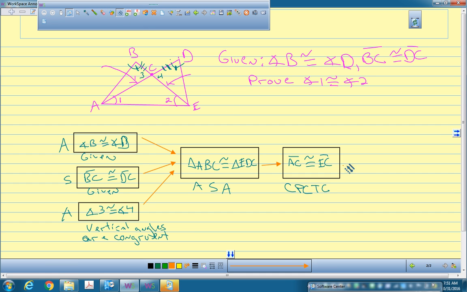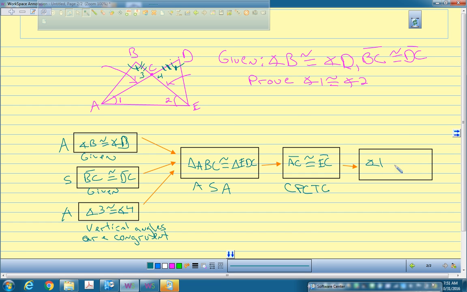Now I go to my last step, which is to say that what I'm trying to prove, that angle 1 has to be congruent to angle 2, because what's true about the base angles of an isosceles triangle? Congruent.